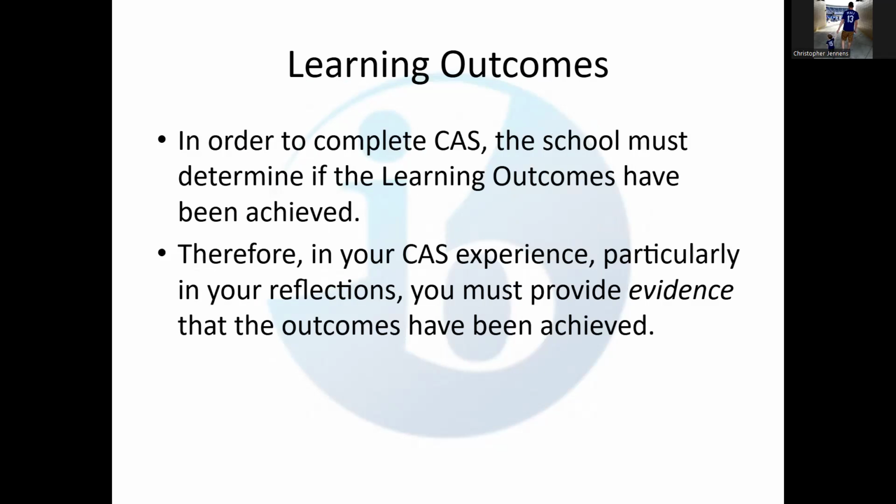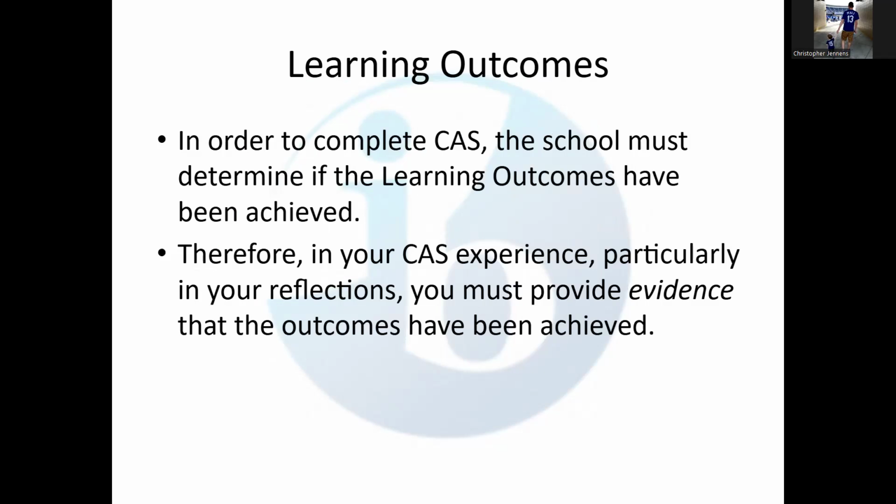The CAS portfolio's purpose is to indicate that students have achieved the learning outcomes set forth by IB. In CAS experiences, students reflect, and in those reflections, students must provide evidence that they've achieved these seven learning outcomes.